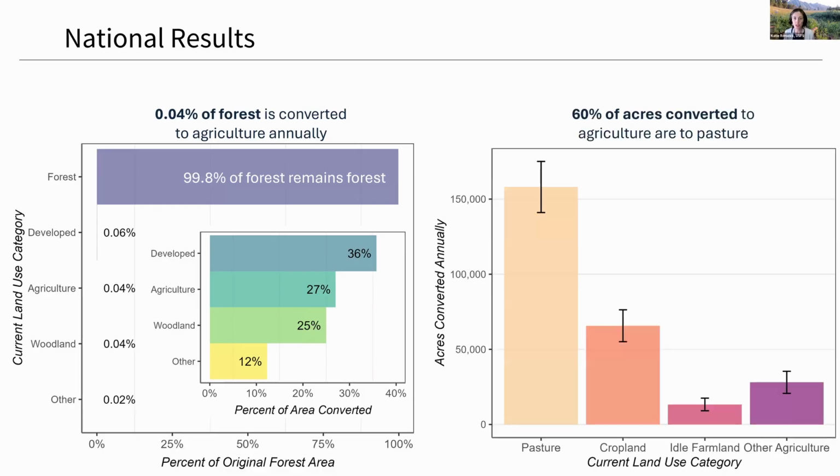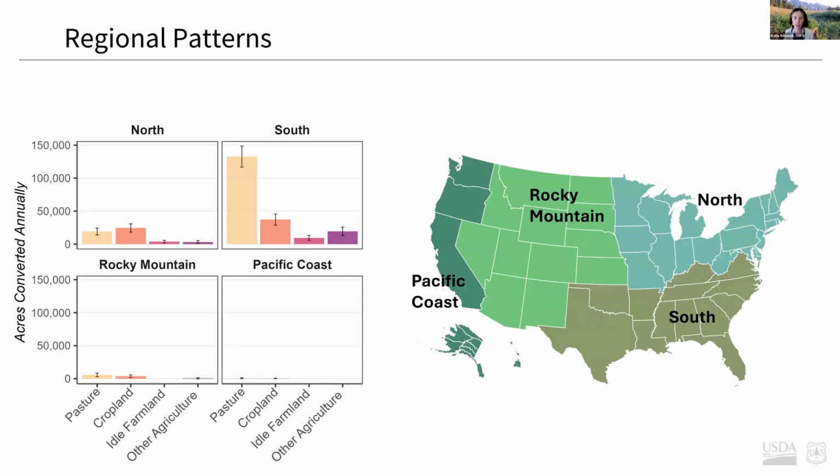So focusing now on just the area converted from forest to agriculture, what really stands out for me is that about 60% of those acres are being converted to pasture, so more than twice the area that's being converted to cropland. We can look now at the regional patterns, and the first thing to note here is that there's little to no agriculture-driven deforestation in either the Rocky Mountain or Pacific Coast regions.